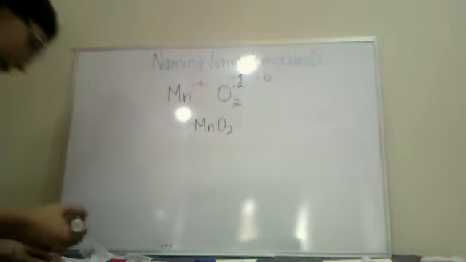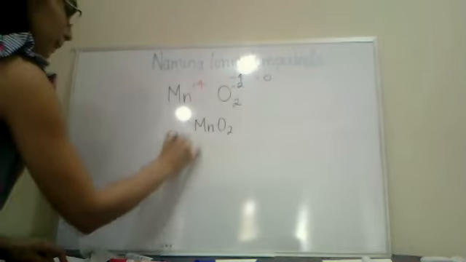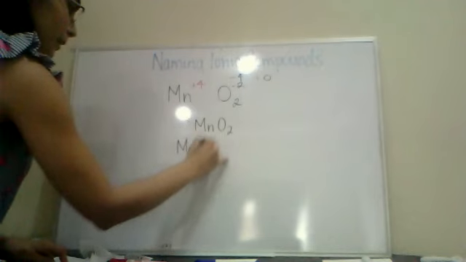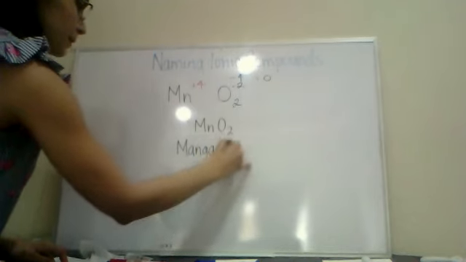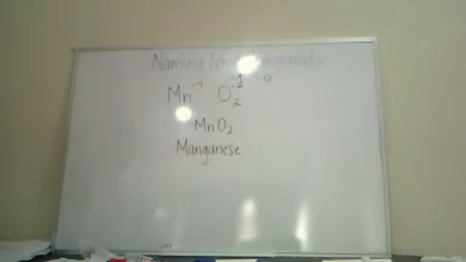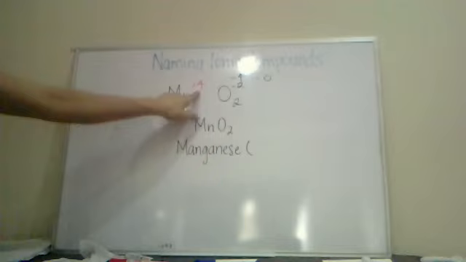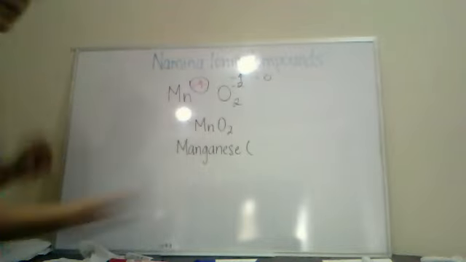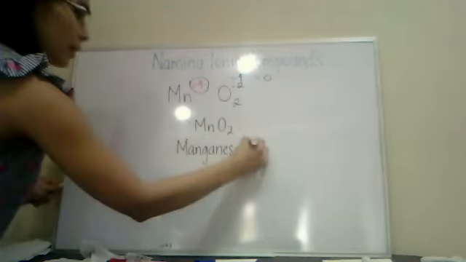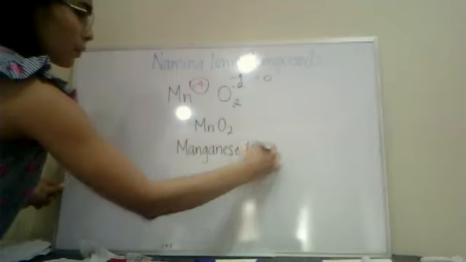How am I going to name this? I name my metal first. Because it's a transition metal, I need to open parentheses. I need to put this charge. Remember, it's in Roman numerals, and the Roman numeral 4 is this one.